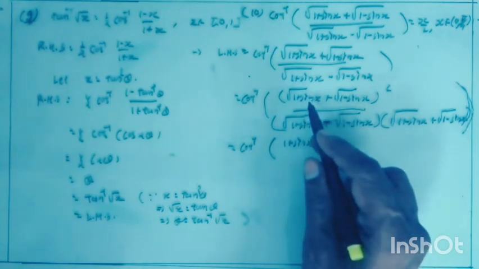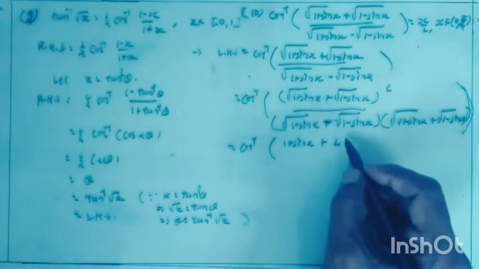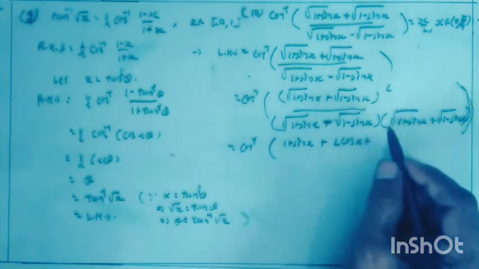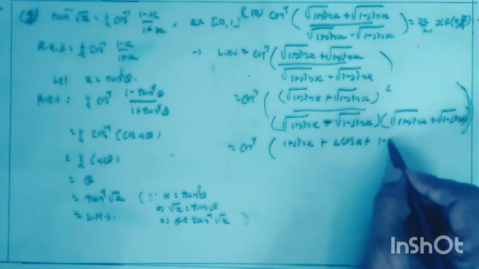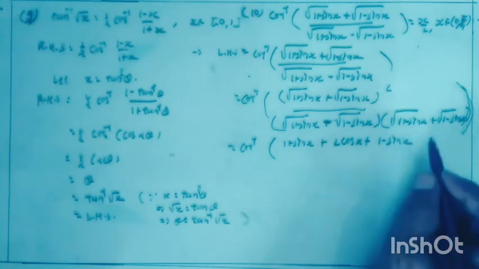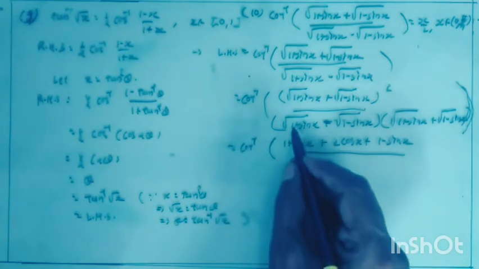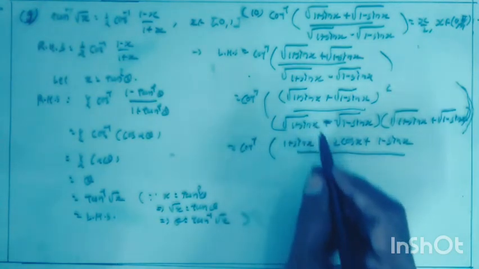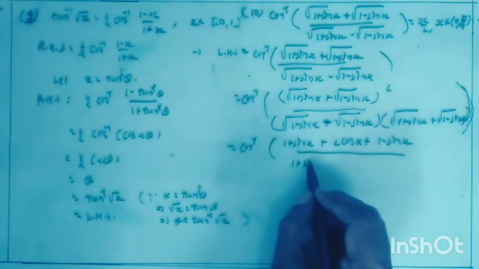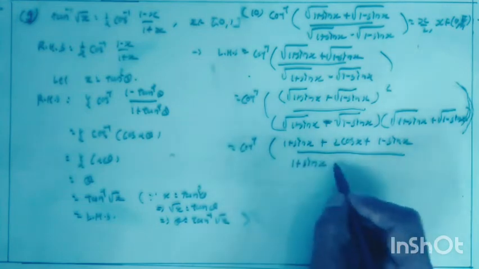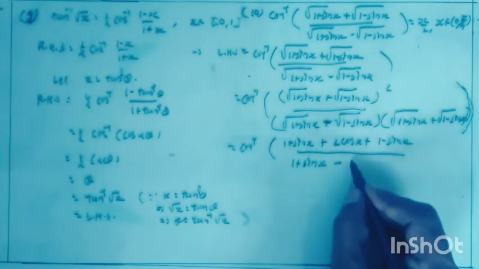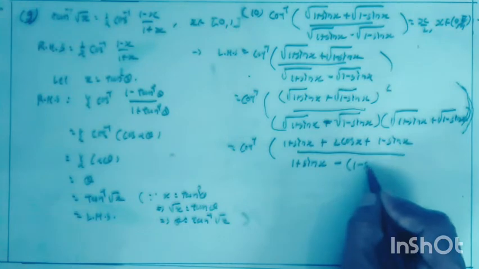Root of 1 minus sin square is the root of cos square, and the square root of cos square is cos x, plus the square of the last term, 1 minus sin x, upon the product of these two terms, which is 1 plus sin x minus the square of the second term, 1 minus sin x.